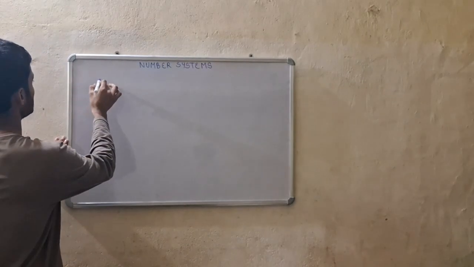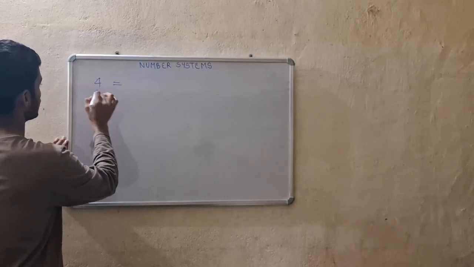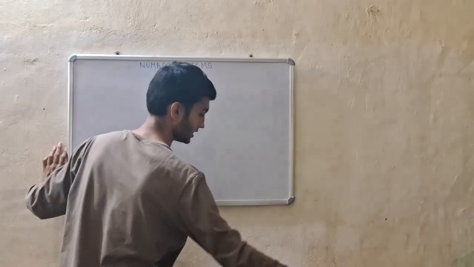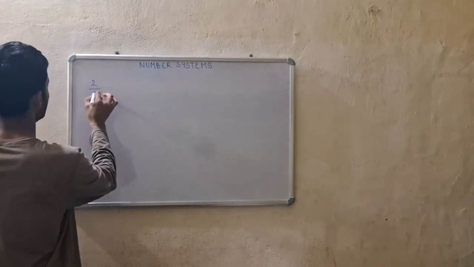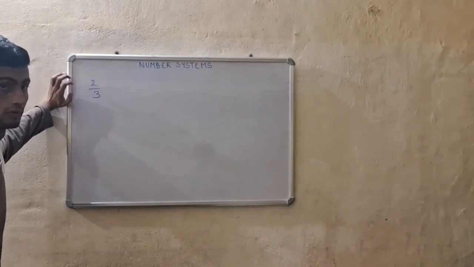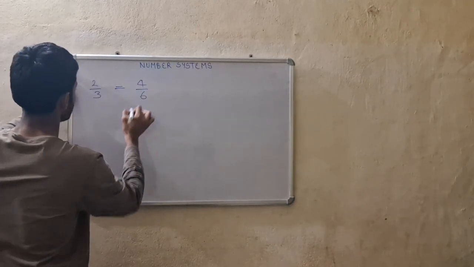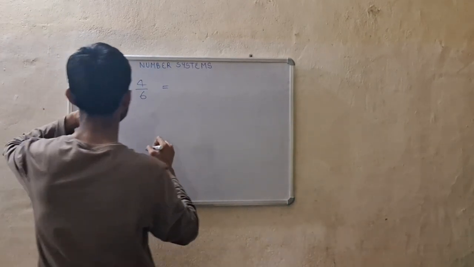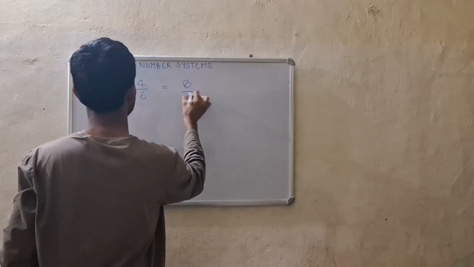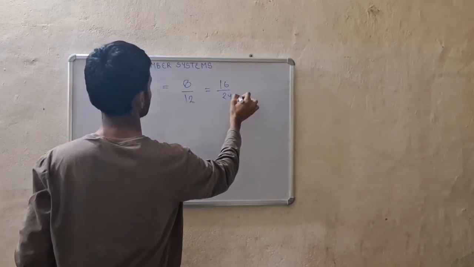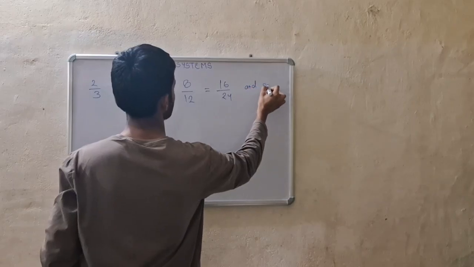For example, if you write 2 upon 3, this is a rational number. Now this can also be written as 4 upon 6, and also as 8 upon 12, also as 16 upon 24, and so on.